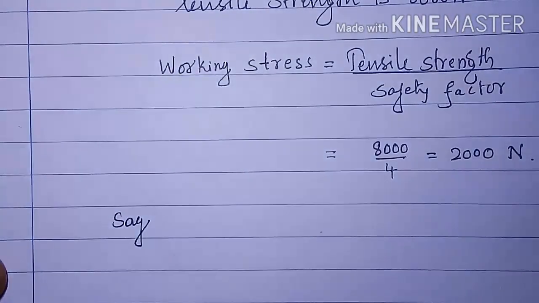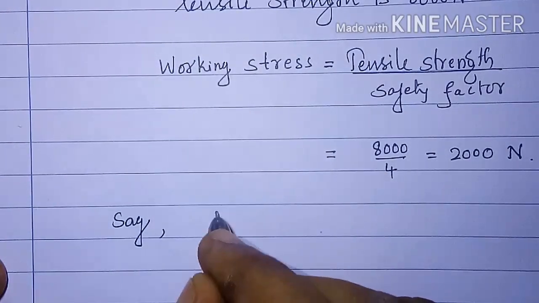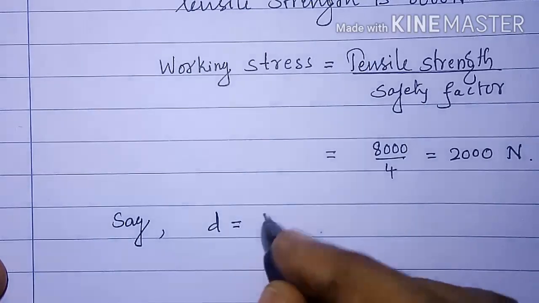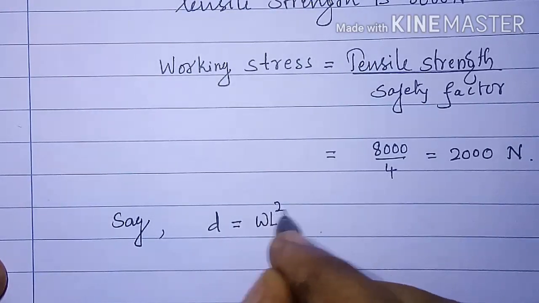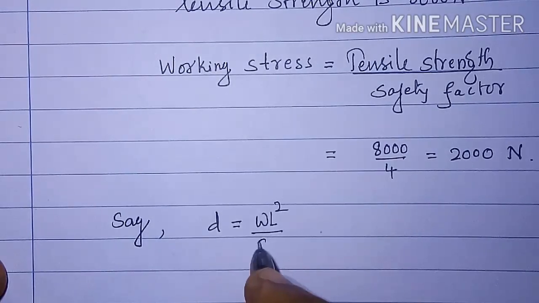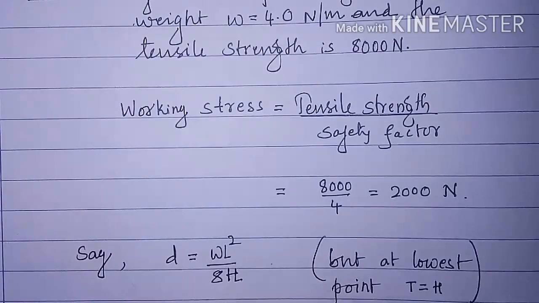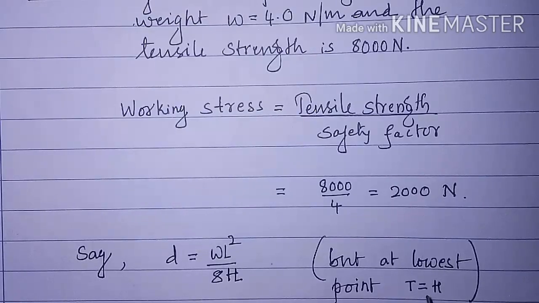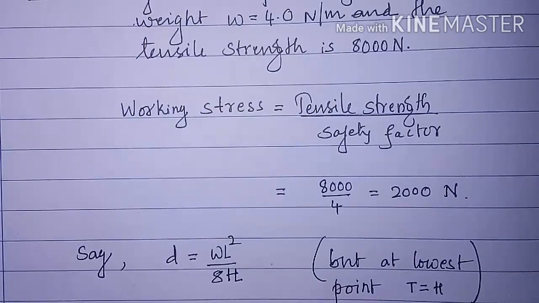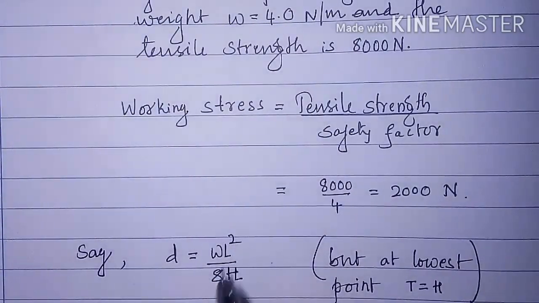We have the equation for sag. D is equal to WL square upon 8H, but at lowest point T is equal to H. This we have derived. Now we will substitute for various values.